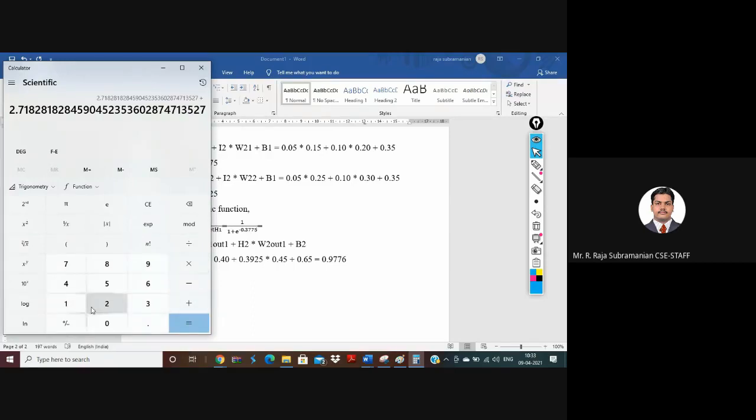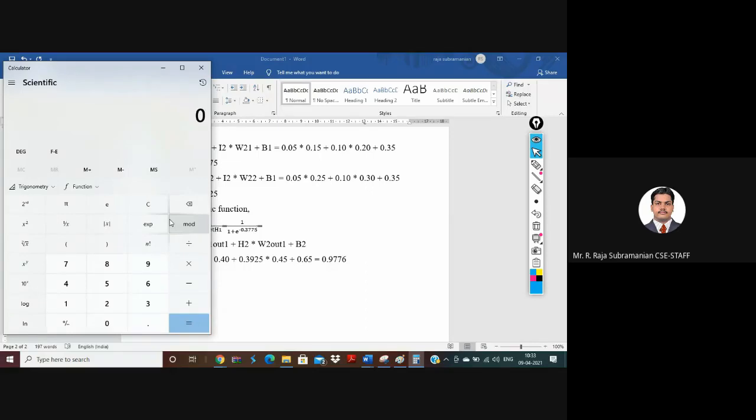Plus 1 is equal to 3.7182. 1 divided by 3.7182, I get 0.26. I don't know whether I have to take e power minus.